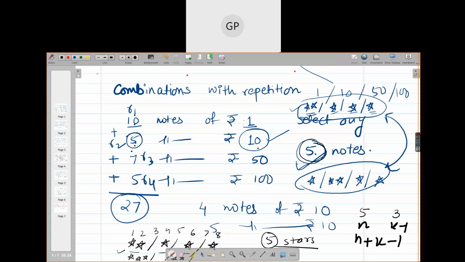If I want to select 5 notes, then each type of note should be available at least 5 in number. If I have only 4 notes of rupees 10, how can I select 5 notes of rupees 10 from that sample? I cannot, and therefore if the sample size is n, you need to have at least that many objects of each type.